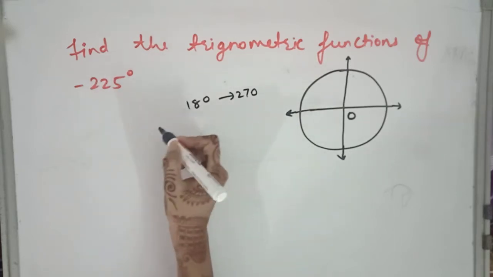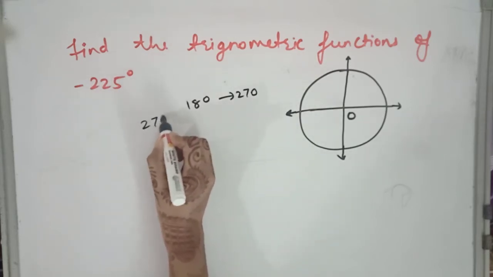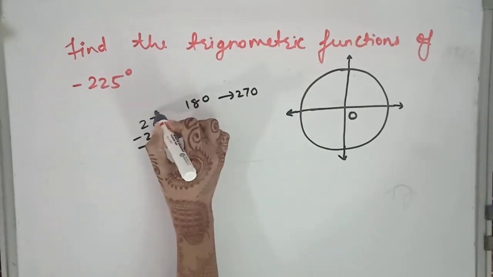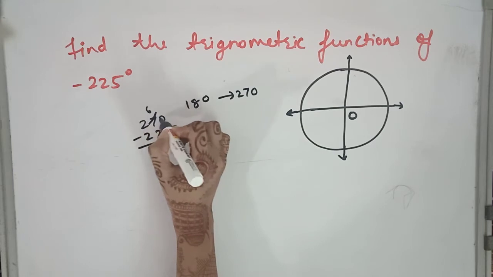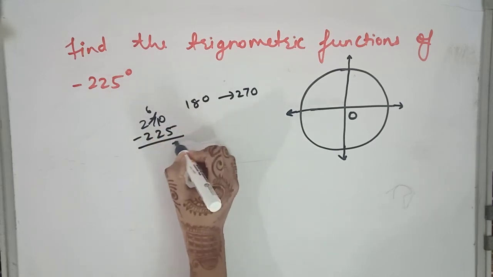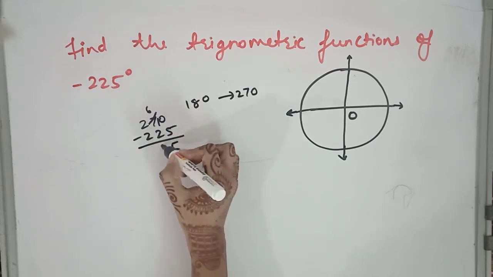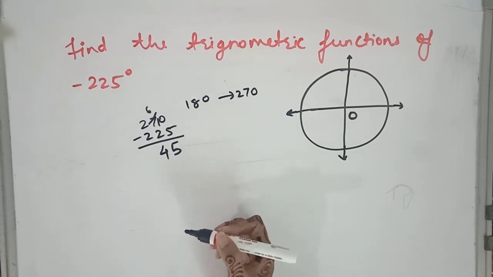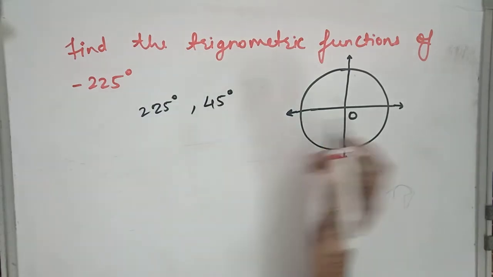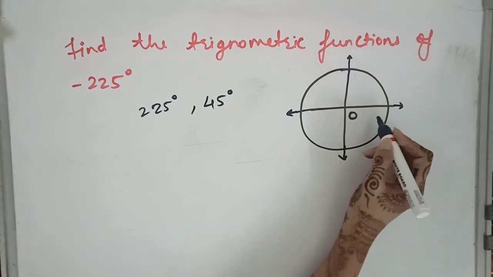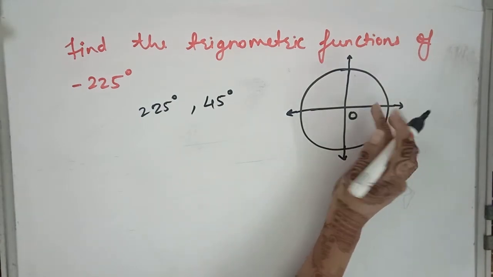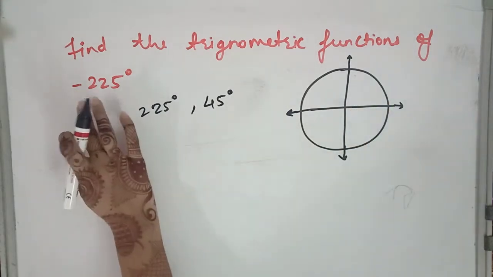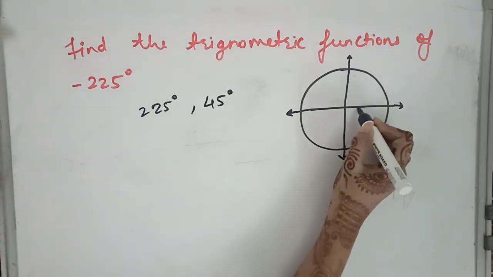So let's subtract 225 from 270. We will get 45 degrees. Now let's draw the 225 degree angle. It will be clockwise. The angle is negative, so the angle will be clockwise.